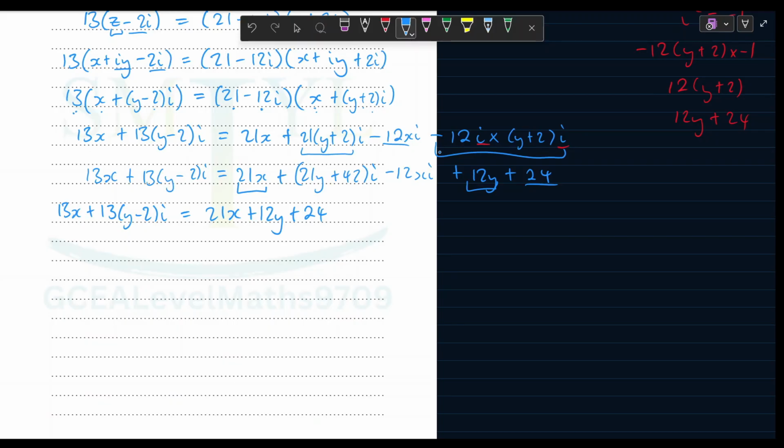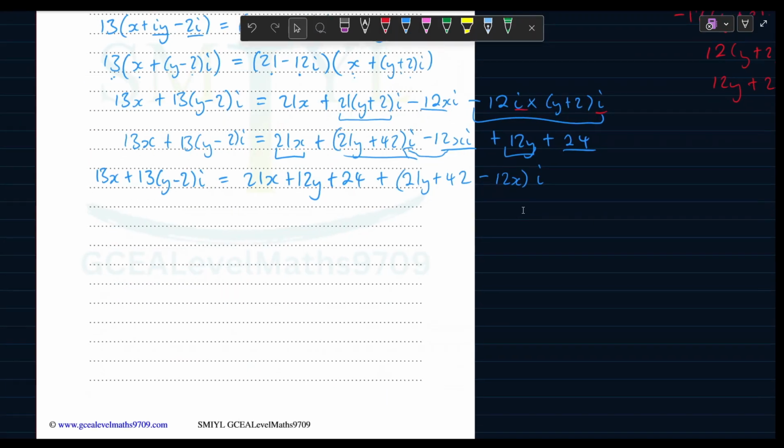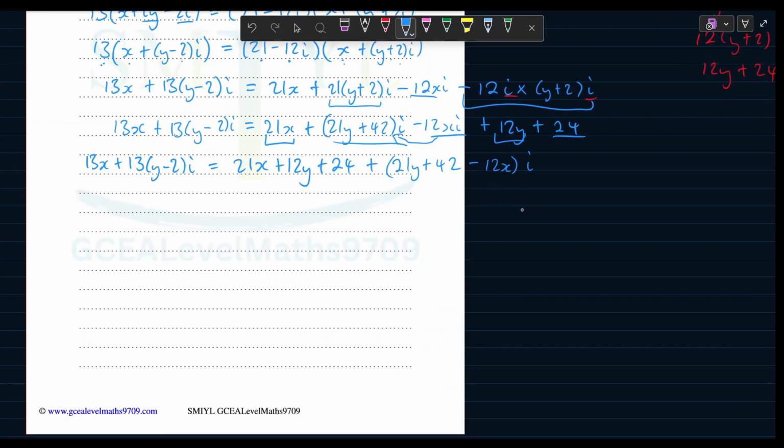All right, and then our imaginary parts, we want to put them together as well. So we've got 21y plus 42, and if we factor out i from both these terms, the negative 12x also moves inside the bracket. So it's negative 12x, and that's i. So now we can clearly see the real and imaginary parts on both sides.